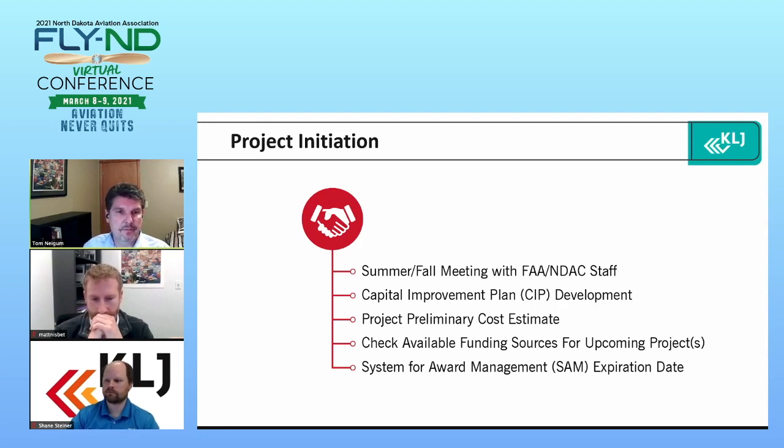And you want to have good preliminary cost estimates for those projects, in particular the ones that are 1 to 3 years out. And then we're going to talk about available funding sources for all your upcoming projects, especially the one a year out. Make sure that it's looking like a green flag to go, and you'll be able to complete that project in this fiscal year.